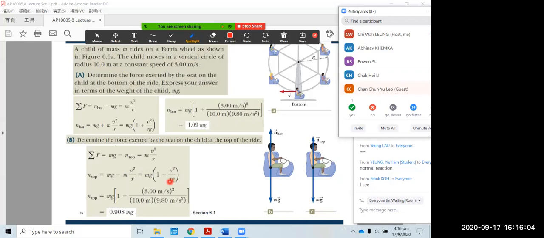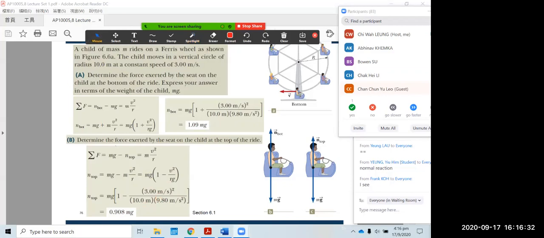Okay, let us have some fun. We try to change not the radius of the circular orbit, but the velocity or the speed of the circular motion. If the speed keeps on increasing, that means v gets larger and larger, and this term would get smaller and smaller. At a certain point, what would happen?